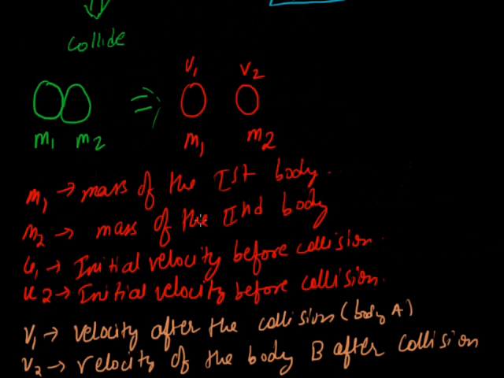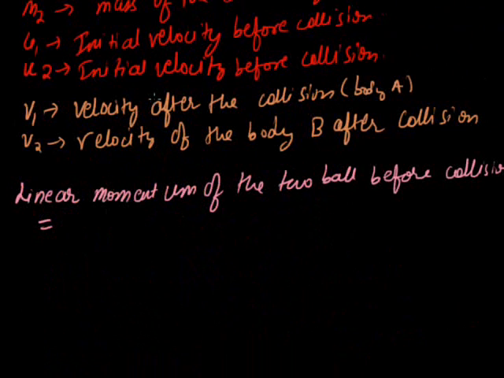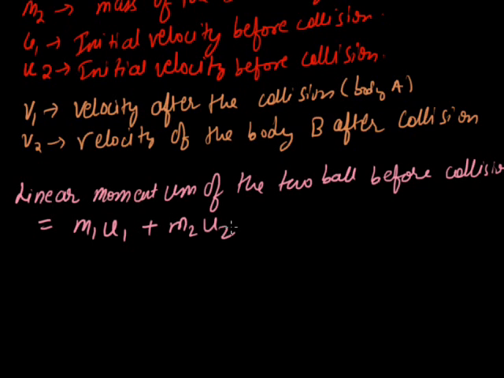For the first body, mass m1 and velocity u1, so we write m1 into u1 plus m2 into u2. This is the total momentum of the two balls before collision.